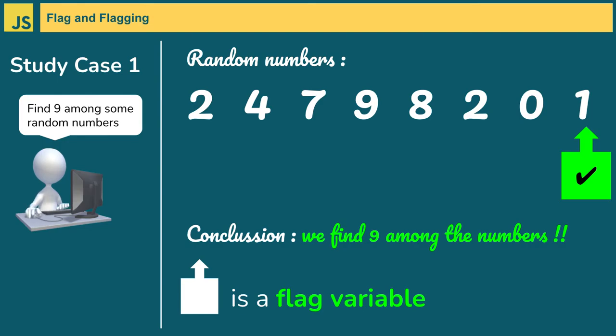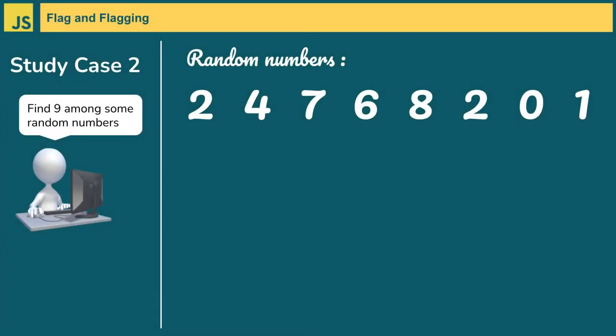Let's try the second case study, where we also use random numbers, but we don't have any 9 among them. What will happen is we won't do anything with the flag variable because we never find any 9.